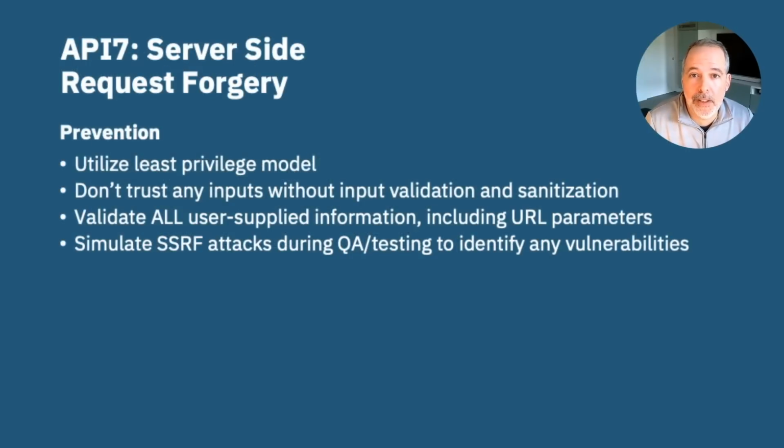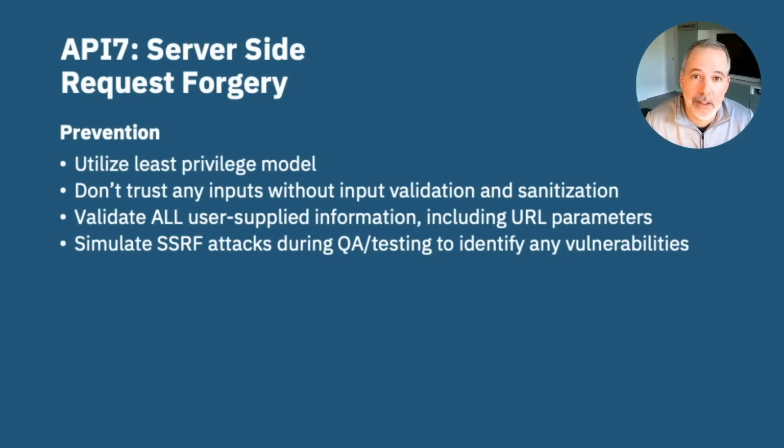So what do we do to prevent this type of breach? First, I highly recommend you utilize the least privilege model. In this case, the WAF had excessive permissions and it leveraged those permissions to relay requests from an external user. So let's limit what kind of permissions those servers have. Let's not trust any inputs that are coming from users. Put them through an input validation check first.